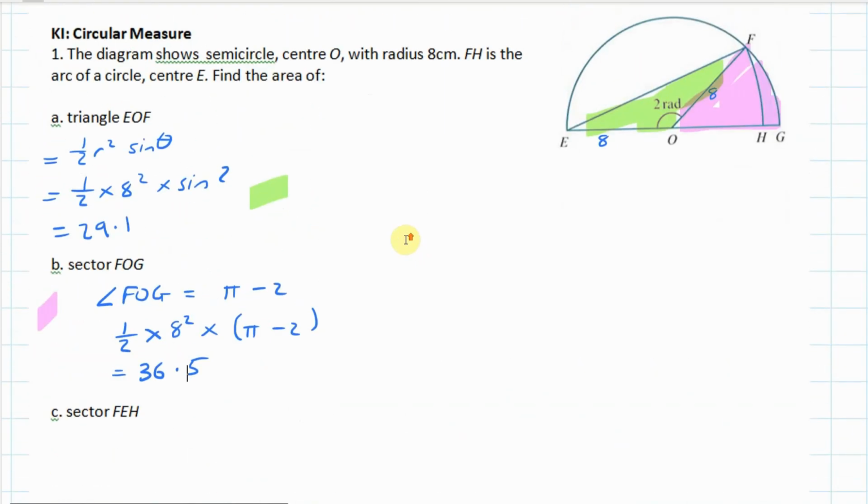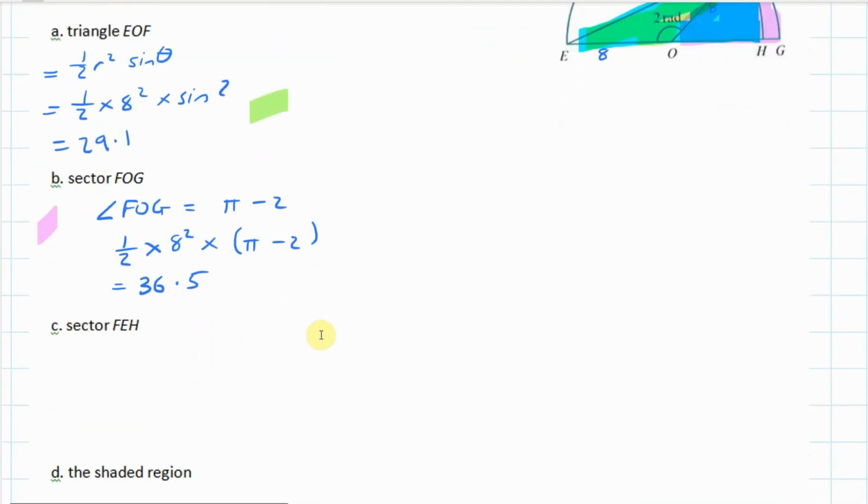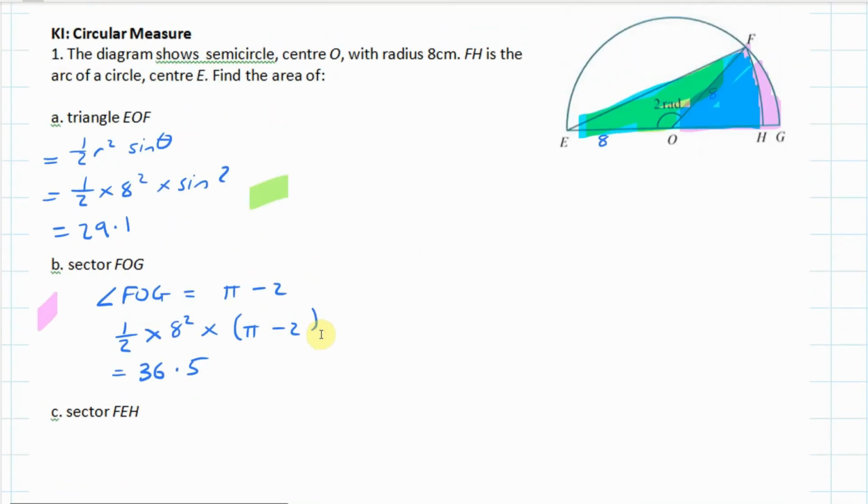Now sector FEH. Okay. So this time we're looking at finding, let me colour it in with a different colour, FEH, so this bit here, right? That bit there. Now, what do we know? Sector FEH. Well, we probably want to find this radius here.